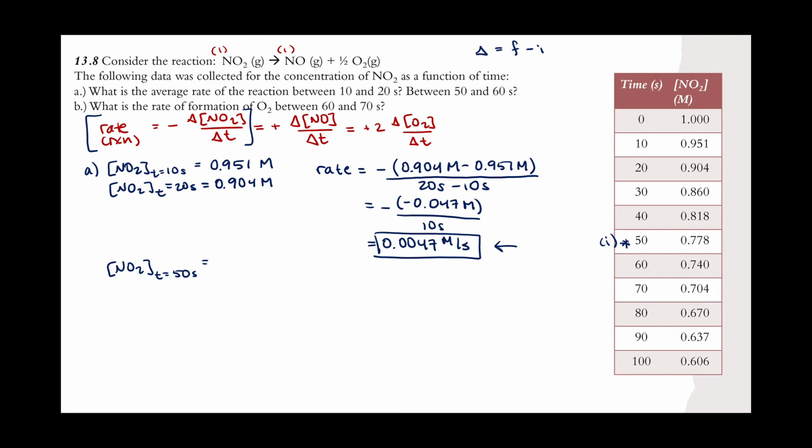The concentration of nitrogen dioxide is 0.778 molarity, and the concentration of nitrogen dioxide at 60 seconds is 0.740 molarity. Once again, we'll just use that rate equation that I took out. It's going to be equal to negative, and then in parentheses I'll do my change in concentration first.